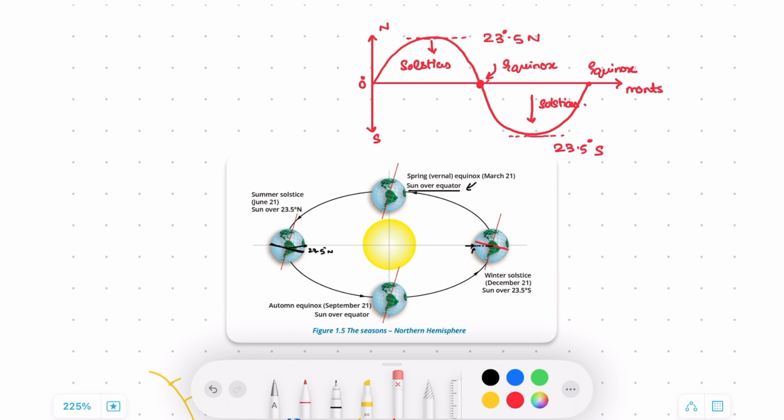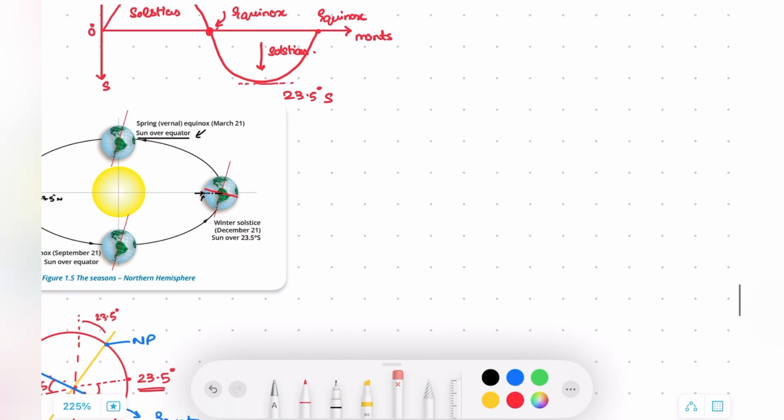Fine. Now, moving further, we have a term which you'll come across, which is known as declination. Okay, now what does this term declination mean? Let me just write it down. Declination, right? So the term declination is the angle that the sun is above or below the equator. Okay?